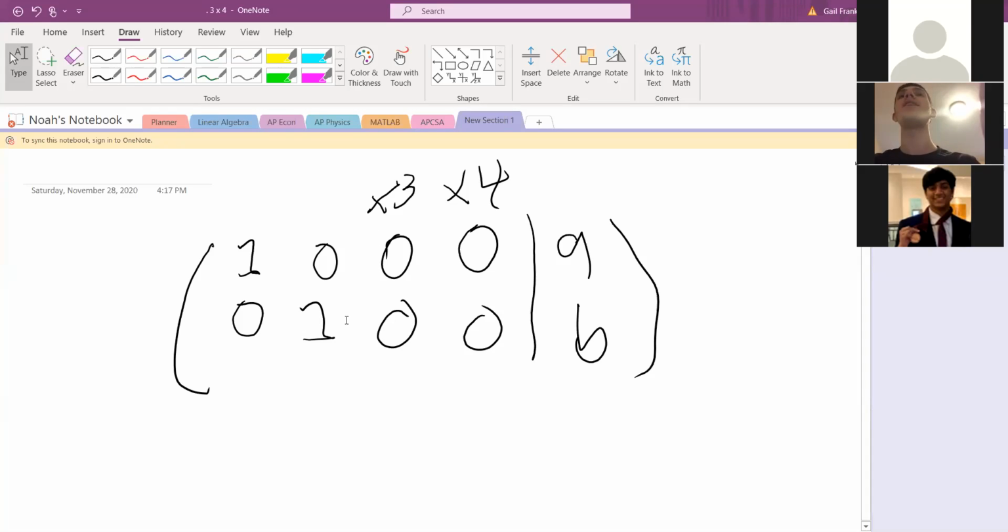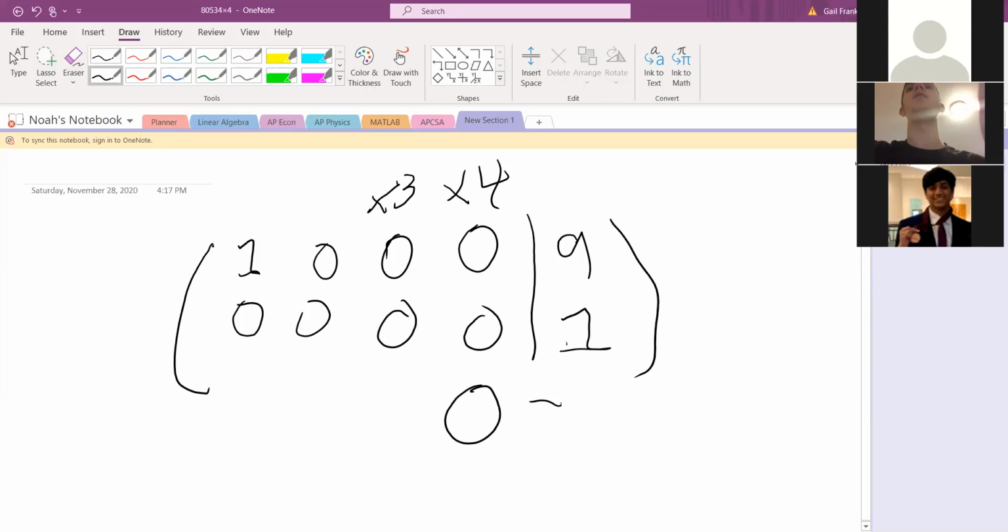The main danger is that you don't want a non-zero b here, because let's say you had b equal to 1. In this case, you would have 0 equals 1. And as Dr. Mayer confirmed for us, 0 is not 1.